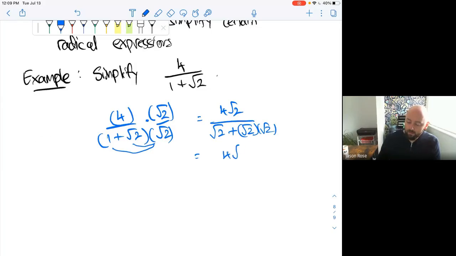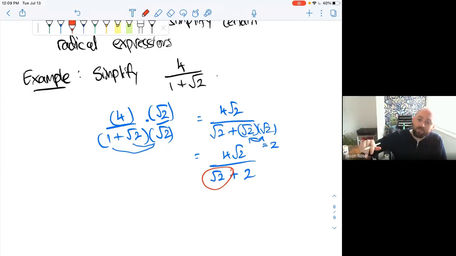So the second term sorts itself out because that's equal to 2. But now I have root 2 plus 2. I haven't solved my problem because I still have a square root of 2 here. So I haven't rationalized it. And if I multiply it by root 2 over root 2 again, then I'll just move it back to this term. So I won't actually solve it by doing this. This won't work.